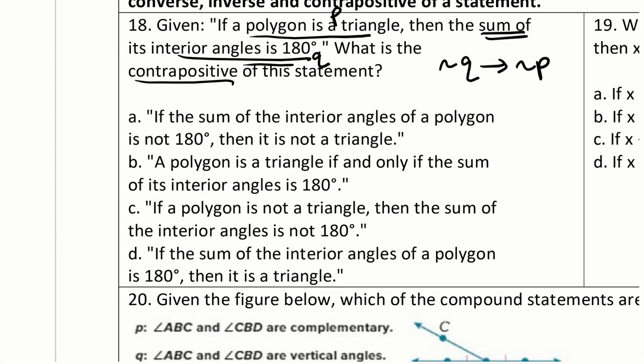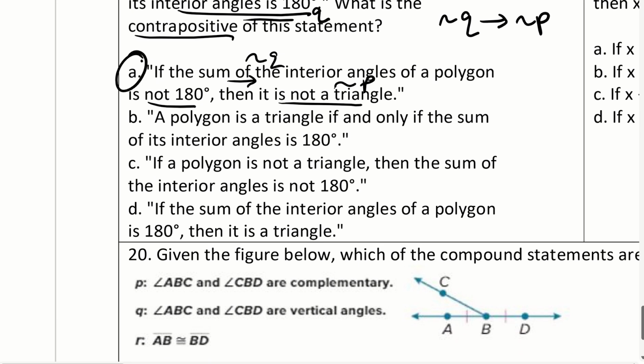So if the sum of the interior angles of a polygon is not 180, that's the not Q. Then, that's the arrow, it's not a triangle. That's the not P. That's what we're looking for. All right, so it's got to be A.